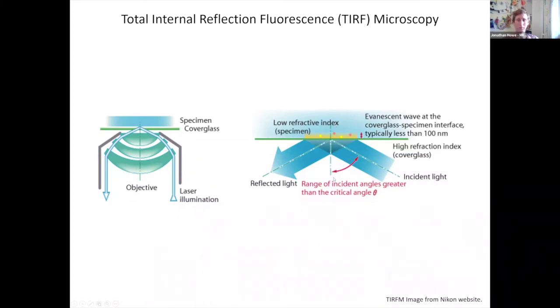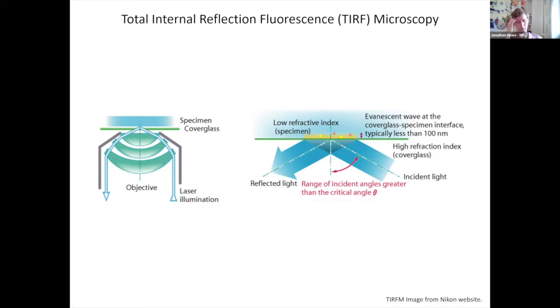This only occurs if you exceed this critical angle. So below the critical angle, you would get refraction and the laser would pass through. Above the critical angle, you get reflection. And the important thing here is that at the point of reflection, this evanescent wave is formed. And this evanescent wave decays rapidly in Z. So what this means is the excitation light is restricted to the 100 or so nanometers closest to the coverslip.